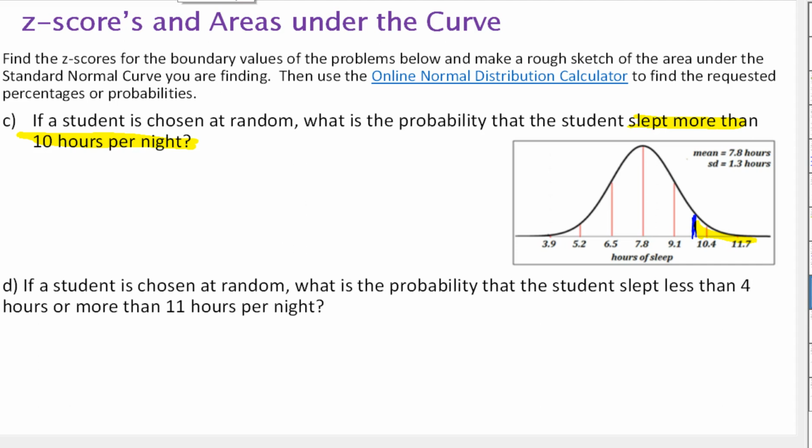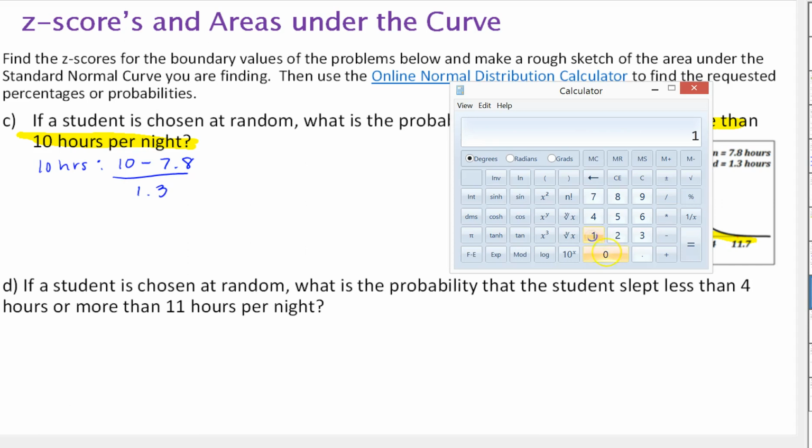So first let's find our z-score. For 10 hours, we just have one boundary value, and then on the right it goes forever. So we have 10 minus 7.8 divided by 1.3. Well, the difference from the mean, it's 2.2 away from the mean.